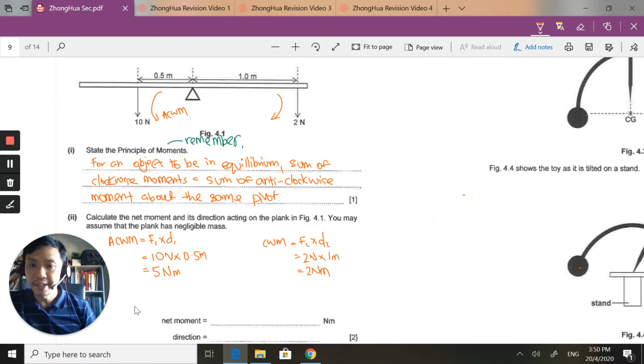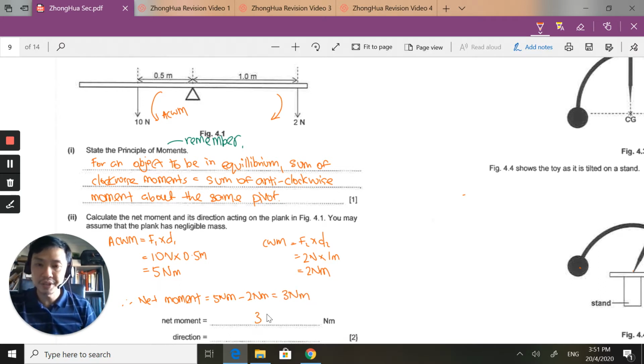And therefore, my net moment is taking my anti-clockwise moment, which is 5 Newton meter, I take away my clockwise moment, which is 2 Newton meter, and I'll end up with 3 Newton meter.